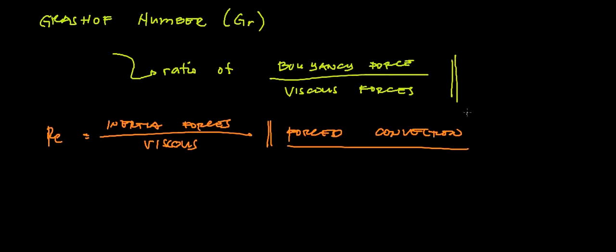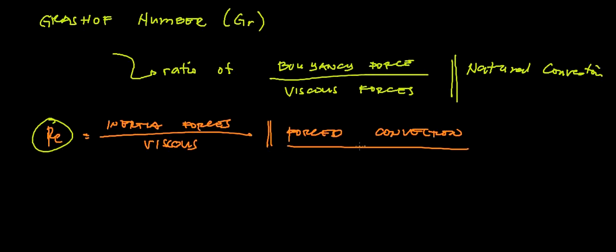So the role played by this Reynolds number in forced convection is actually the role of the Grashof number in natural convection. That's why, if you can remember, when we have a natural convection, the flow is made by the buoyancy forces due to the temperature difference, right? So that's the relationship between the two dimensionless numbers.